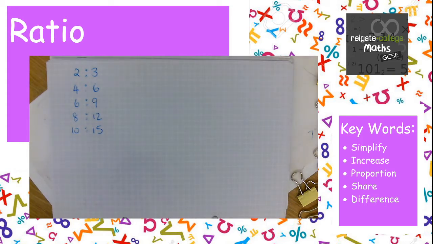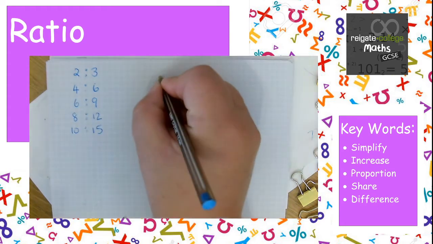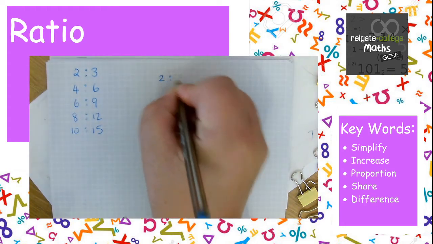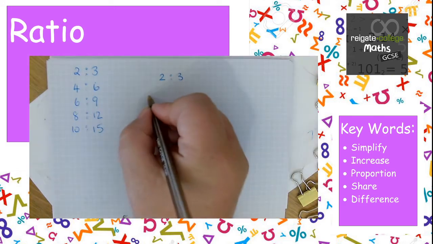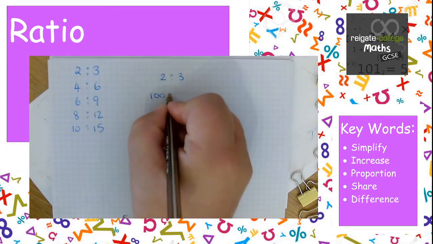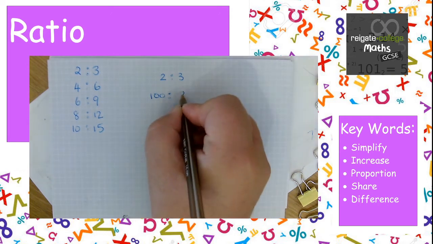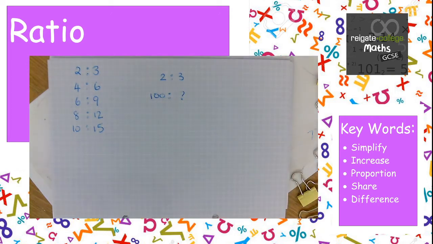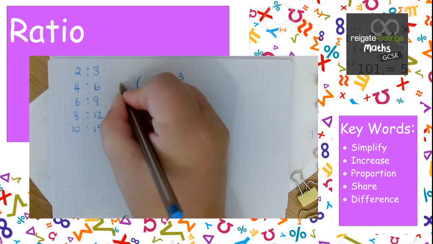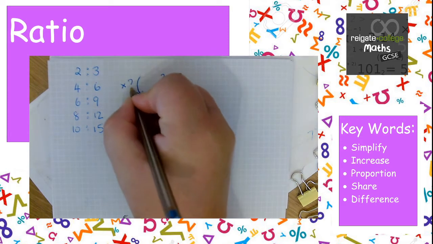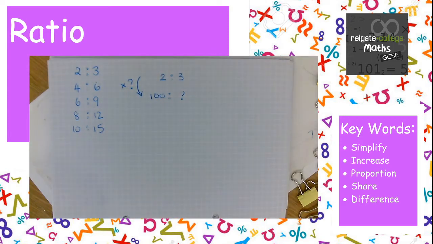So let's think about wanting to increase the ratio of 2 to 3 to 100. What would my ratio of green clips be if I had 100 yellow clips? Well, what I want to do here is I want to see what I might multiply 2 by to make 100.